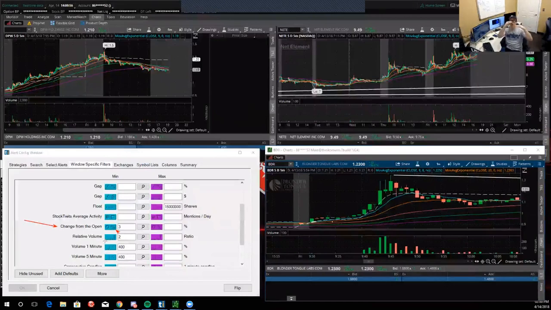Now it's 3% up from the opening price. So wherever the stock opens, the scanner will only alert us of stocks that have gone up at least 3% on the day right now. Because if a penny stock is going to take off, it's most likely going to pop up first and then it's going to go. So we're going to scan for stocks that are up 3% on the day from the opening price of that current day.